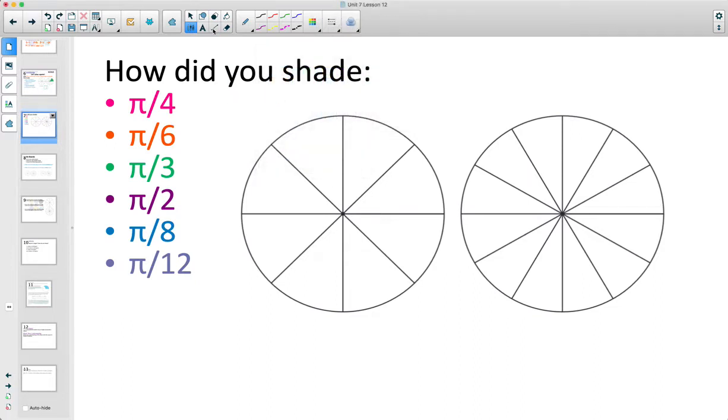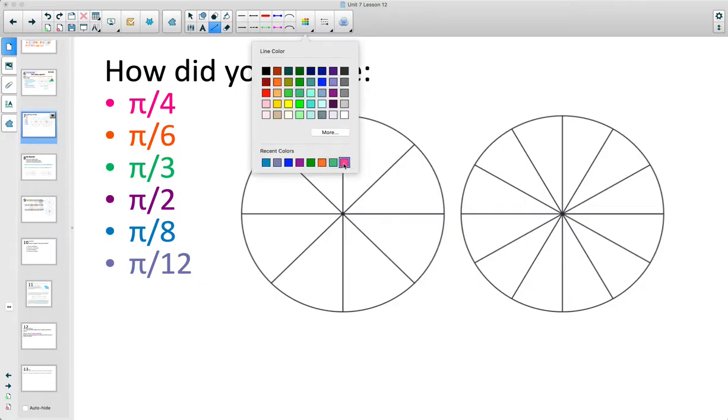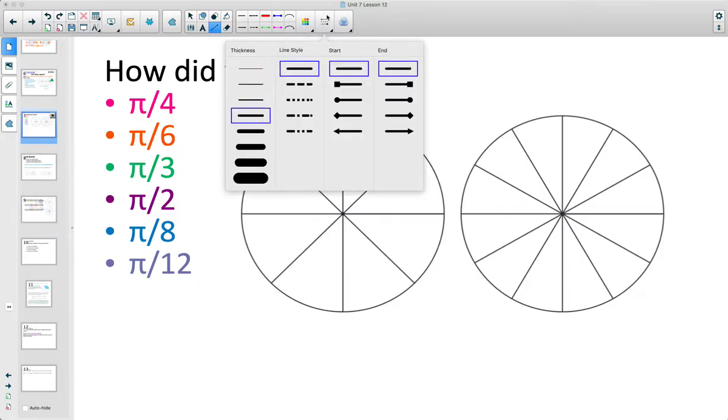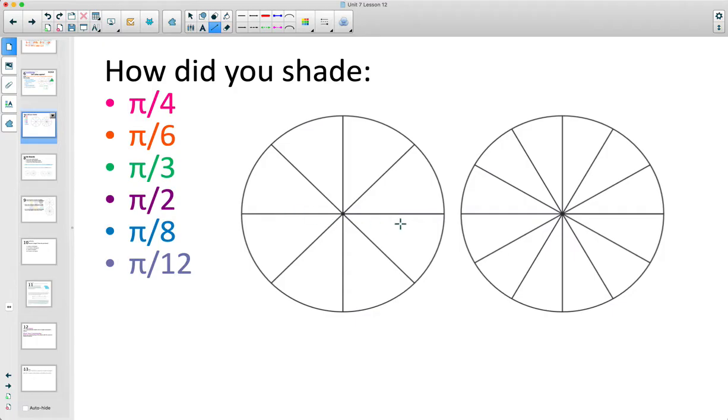So let's take a look at how you would have shaded these. If we have a pi over 4 angle, we can certainly see a set of angles on here that splits pi into fourths. So this would be a pi over 4 angle, because it's splitting this half of the circle into 4 equal parts.